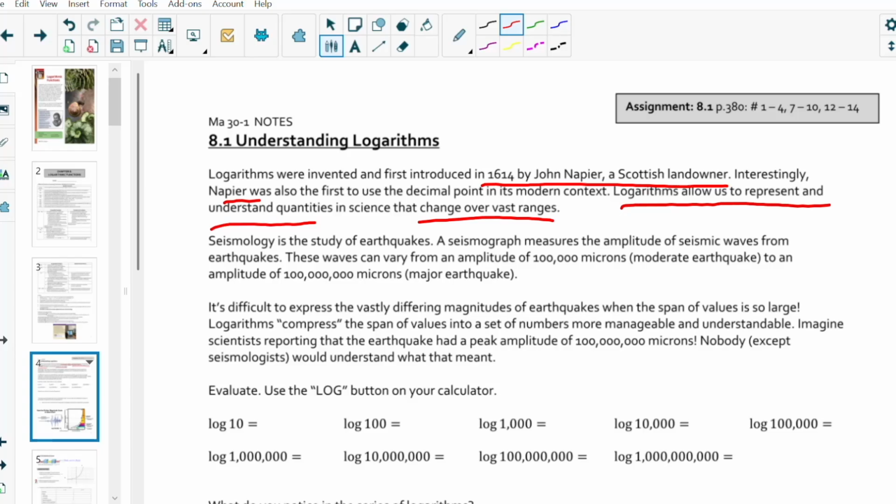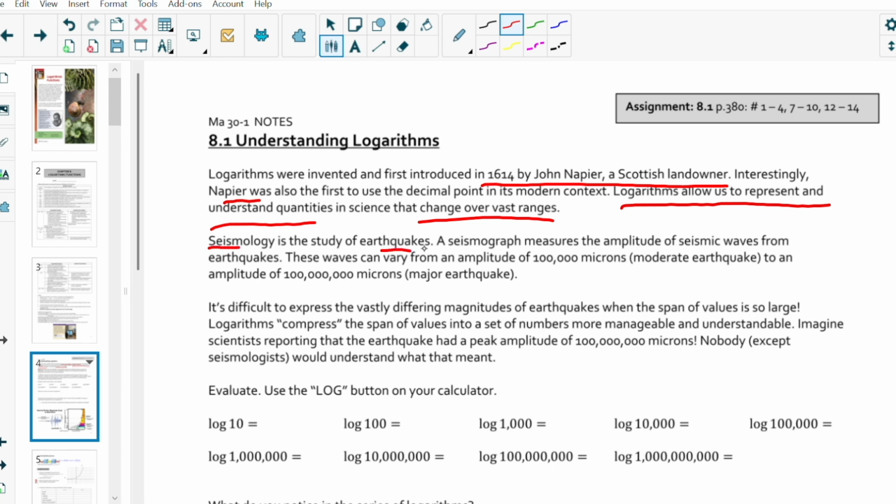We're going to talk about seismology and the Richter scale as an introduction, but if you've taken chemistry, you know what pH is. And pH is measured on a log scale. Okay, so we're going to dive deep into logarithms this unit to see how they work.